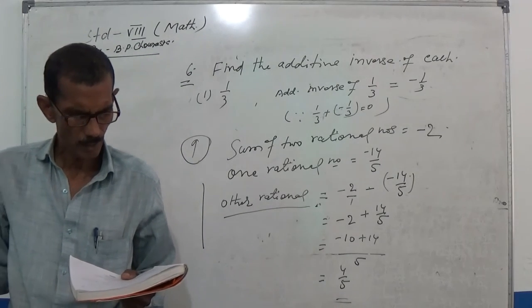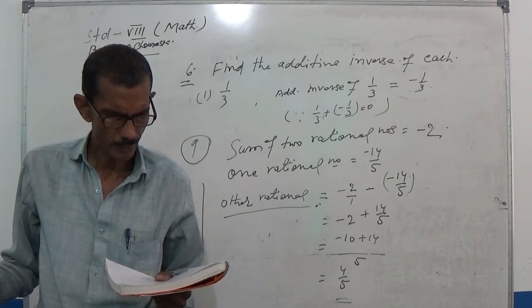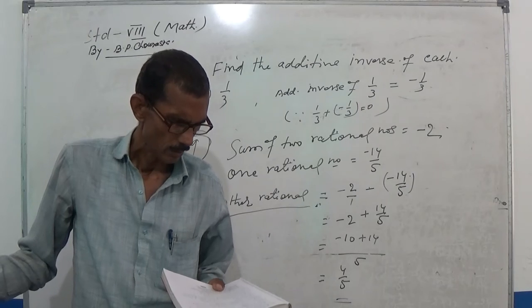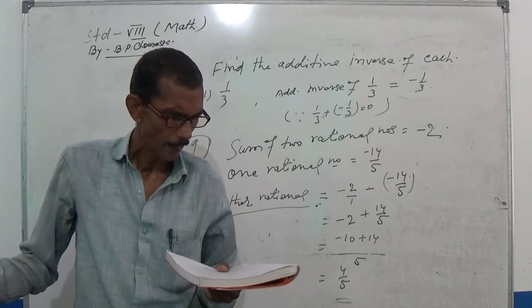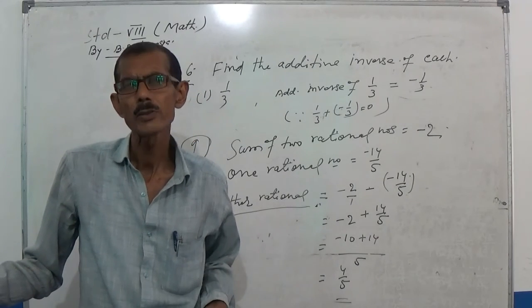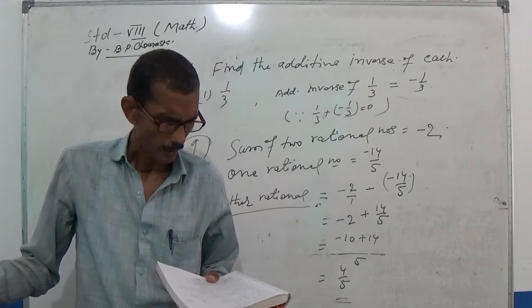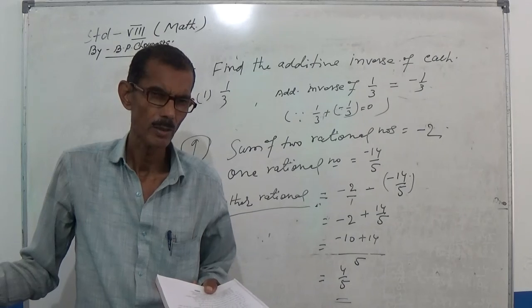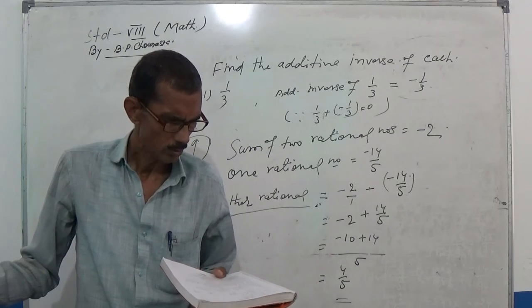Is addition commutative on rational numbers? Already you have done this just before. Yes, it is commutative. Is addition associative on rational numbers? This is true.